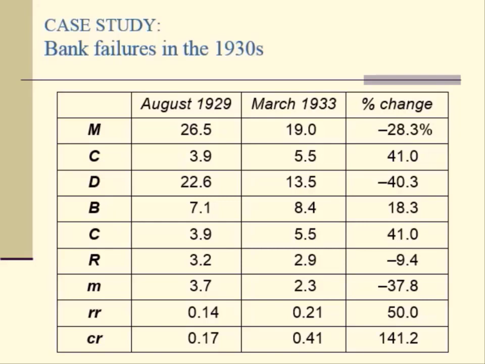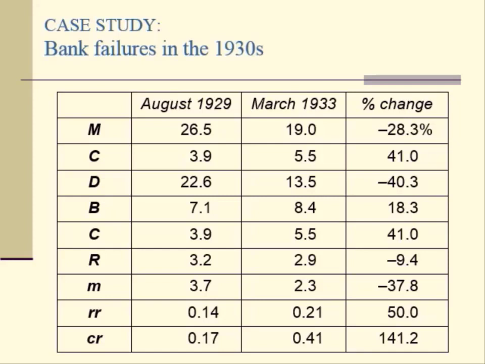So here, we want to focus on money supply changes, monetary base changes, and money multiplier changes. So what happened was the excess amount of reserves banks hold and the excess amount of cash households want to hold led to a significant fall in the money multiplier. How much it fell from August 1929 to March 1933 is given by the last column and the seventh row.